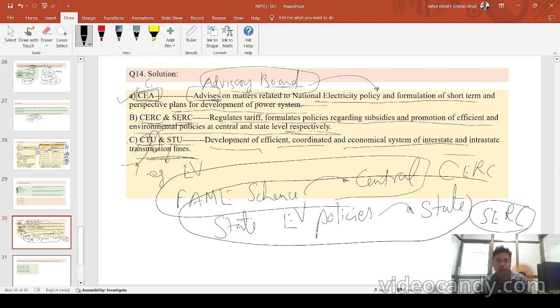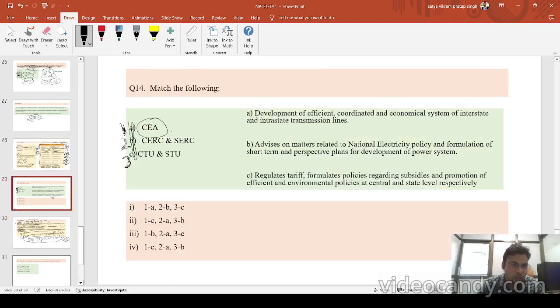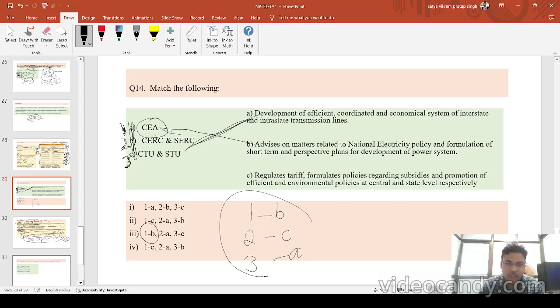So coming to the answer, first, advisory means CEA, which is B. Second, regulatory, is C. Third, efficient transmission, is A. It means first is B, second is C, third is A, so no option is correct.